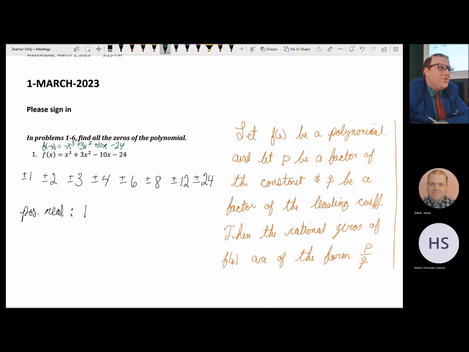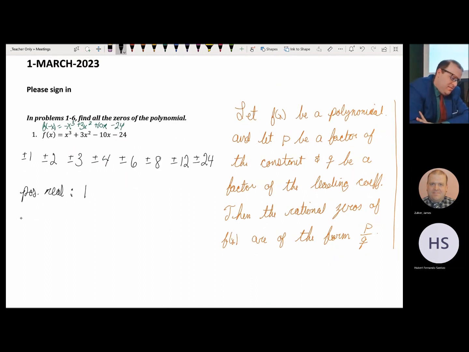Count the sign changes. Negative to positive to negative. 2 sign changes. There's 2 sign changes.